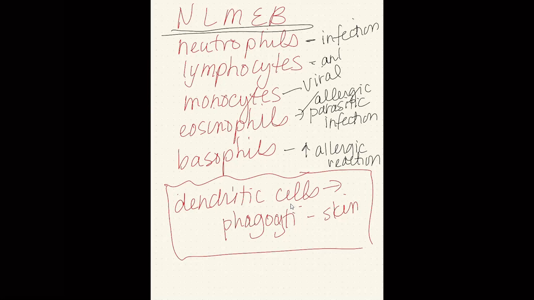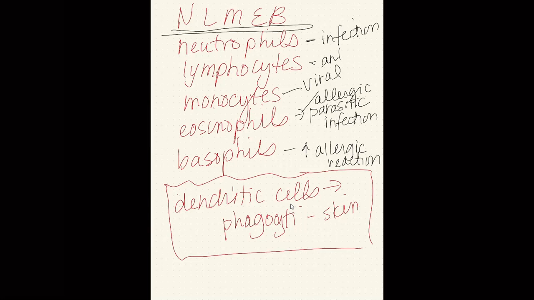Lymphocytes produce antibodies necessary for immunity. It's not like a certain pathogen is going to trigger them, but anytime there's an immune response, they're going to be in there making antibodies. Okay, that's great.